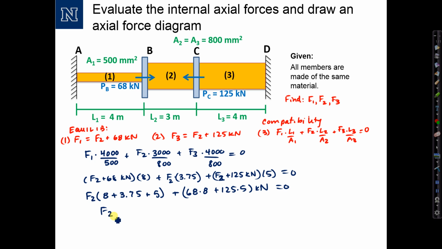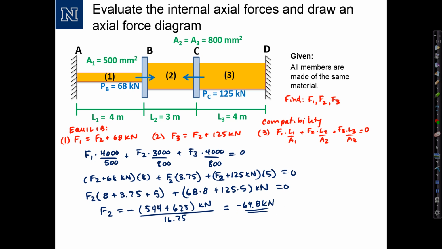Now we can solve for F2. Bring this term to the right-hand side and negate it. We get negative 68 times 8, which is 544, plus 125 times 5, which is 625, in kilonewtons, divided by 8 plus 3.75 plus 5, which is 16.75, and that reduces to negative 69.8 kilonewtons.